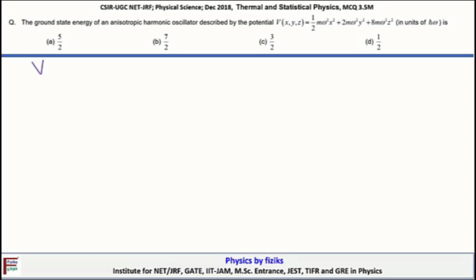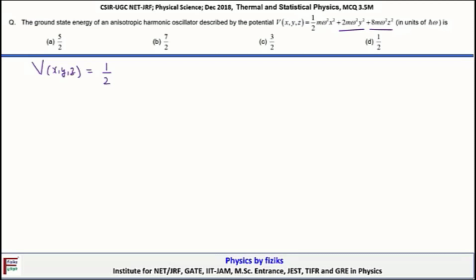The given potential V(x,y,z) can be written as follows: the first term is already in the standard form, so we have to simply make the manipulation for the second term and the third term, and then we will be able to figure out the ground state energy for the given anisotropic harmonic oscillator.